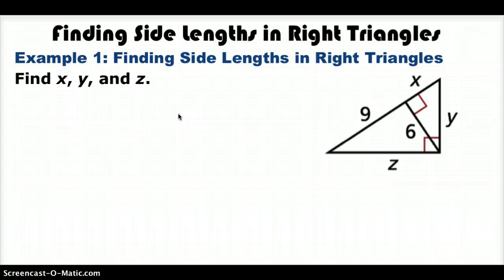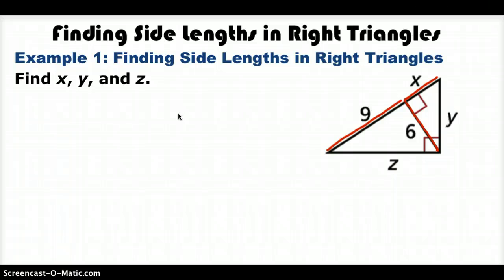So let's outline this altitude in red here. The first corollary said that the length of the altitude is the geometric mean of the product of those two segments that are created when the altitude hits the hypotenuse.